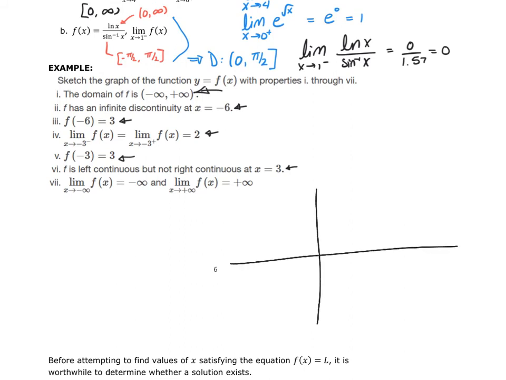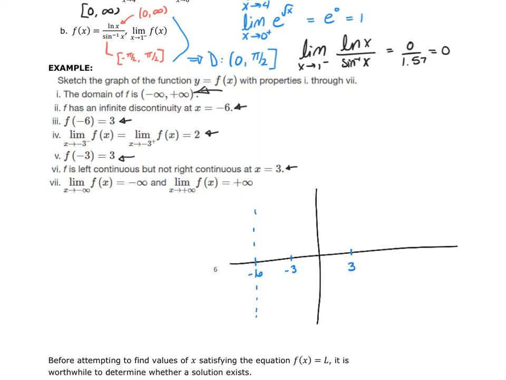One of the things that I know is something's happening at -6. So here's -6. Something else is happening at -3. So here's -3. Something is happening at 3. So here's 3. Okay. So f has an infinite discontinuity at -6. So at -6, that tells me I'm going to positive or negative infinity or both.